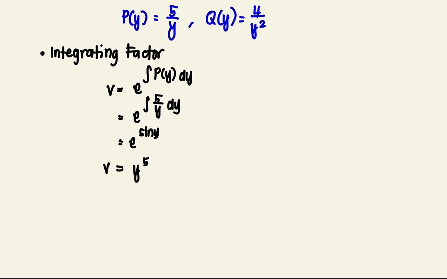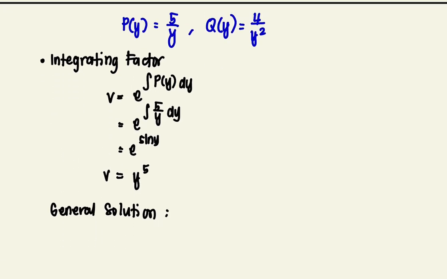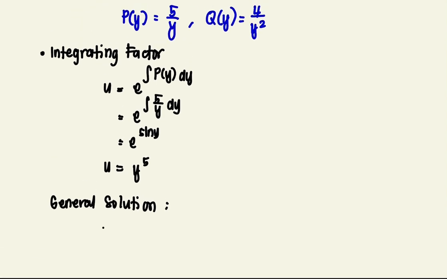And so for our general solution, let's use another variable for our integrating factor because we have used v twice. So let's say our integrating factor is u. Our general solution is u v equals the integral of u q of y dy plus c.